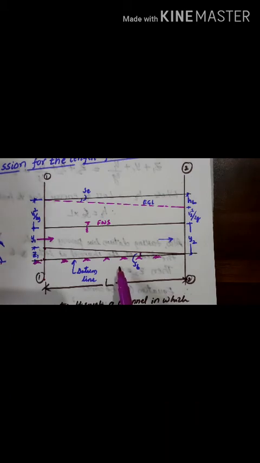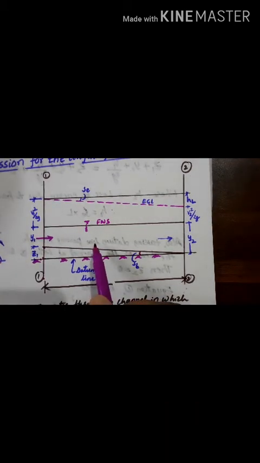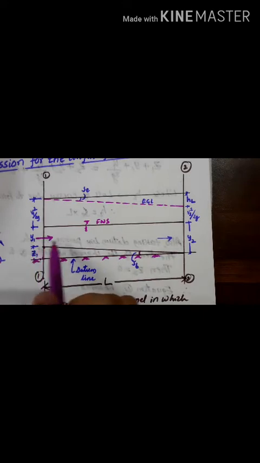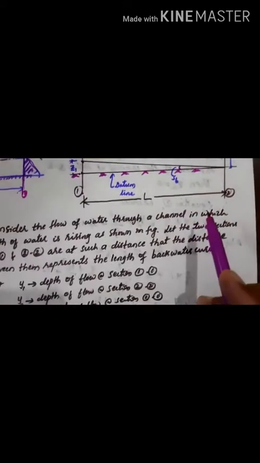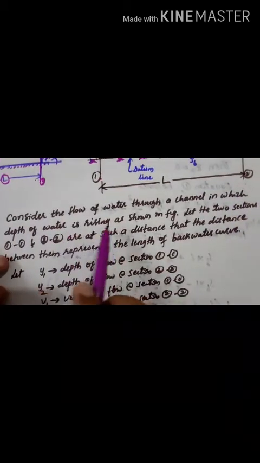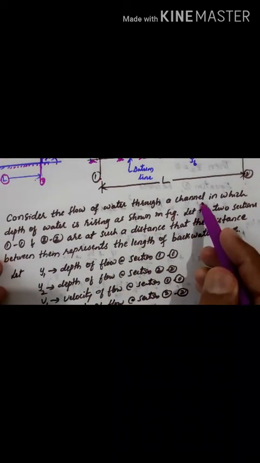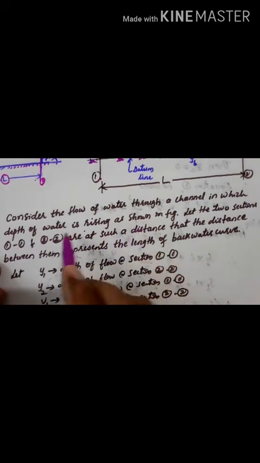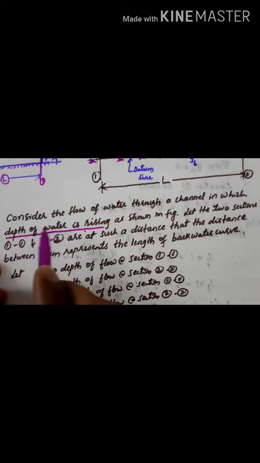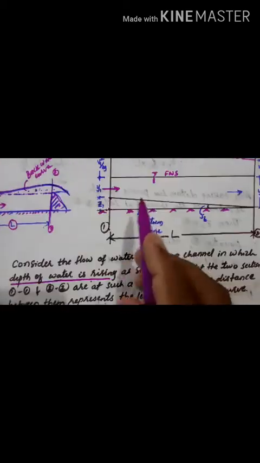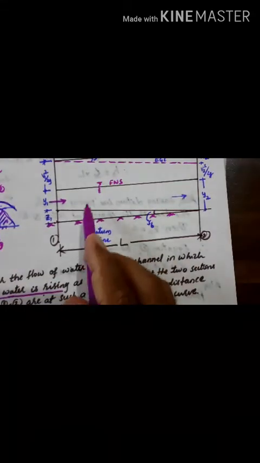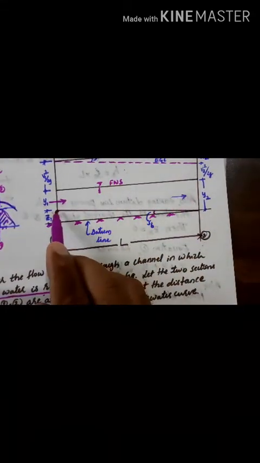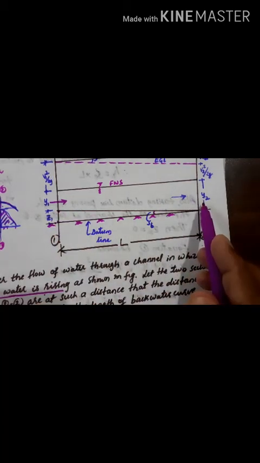This figure is a flow through a rectangular channel, and here the depth of flow is varying. Consider the flow of water through a channel in which the depth of water is rising, as shown in the figure. At section 1 the depth of water is y1, and at section 2 the depth of water is y2.